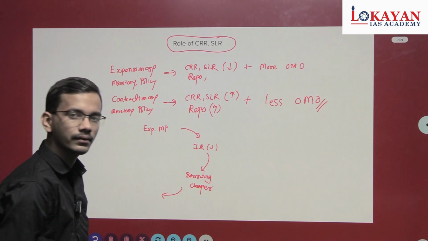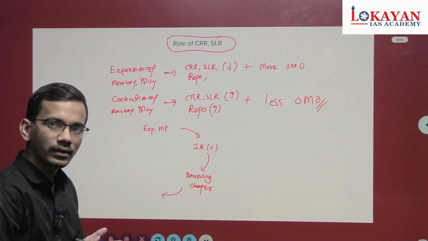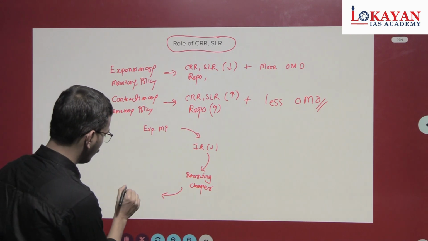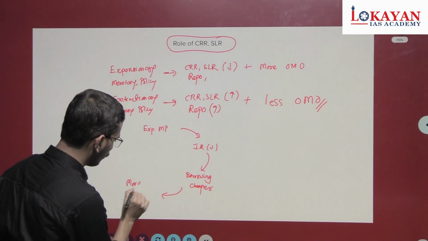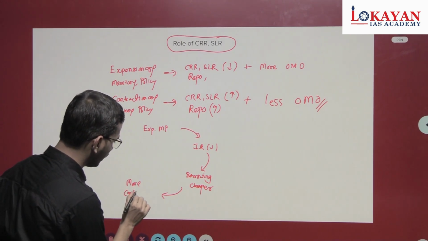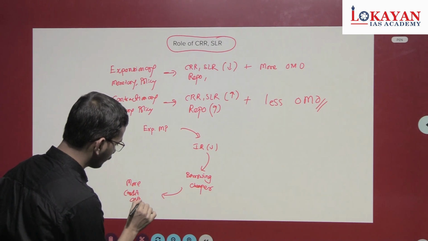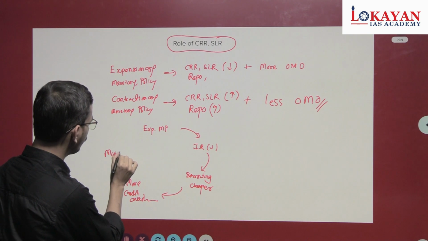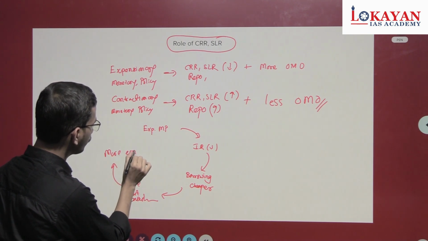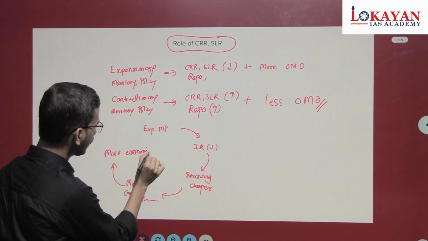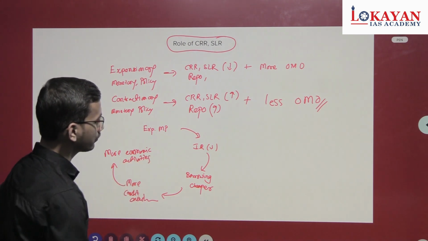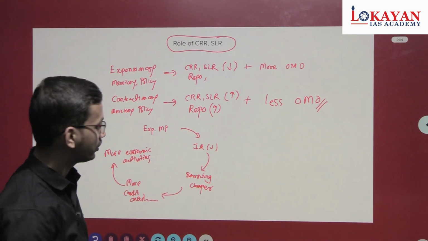As borrowing cheaper, more number of people can avail loans, so credit availability will be more, leading to more economic activities. This is expansionary monetary policy.